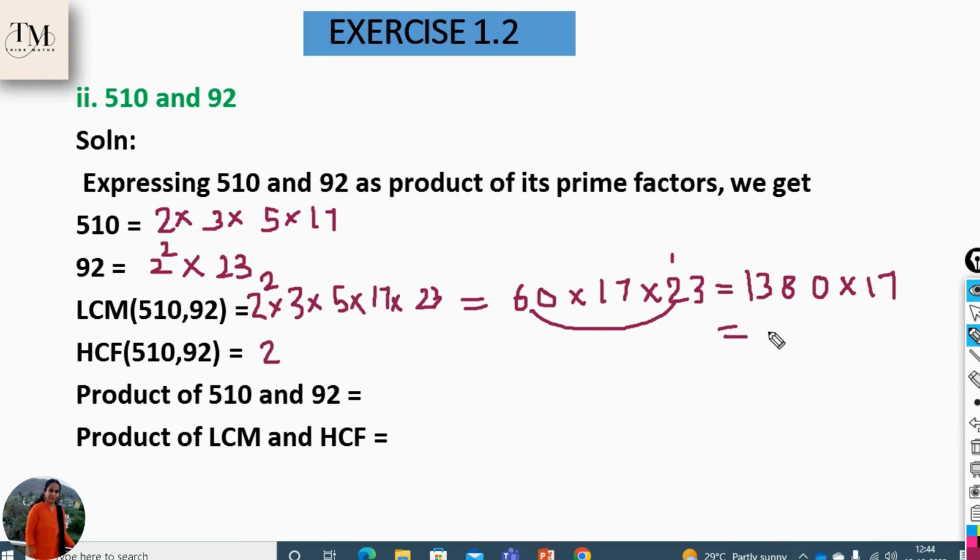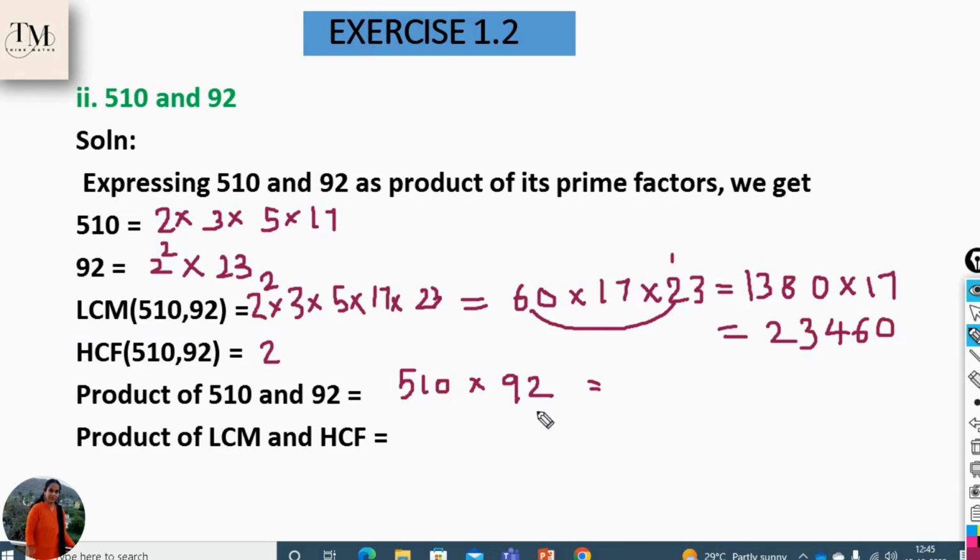So this product is 23460. You can check using the lines whether we get the same answer using lines. So product of 510 and 92. So 510 into 92. So shall we do this using the XYZ method?